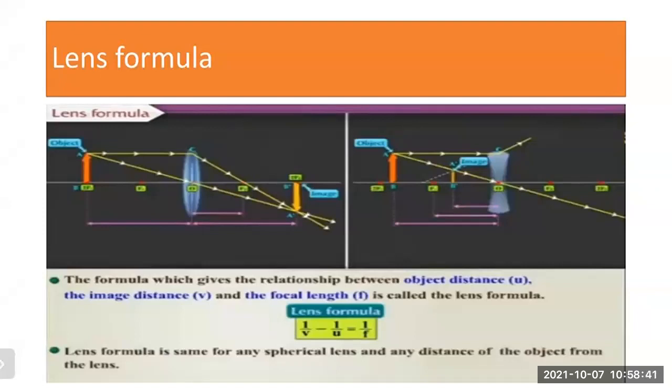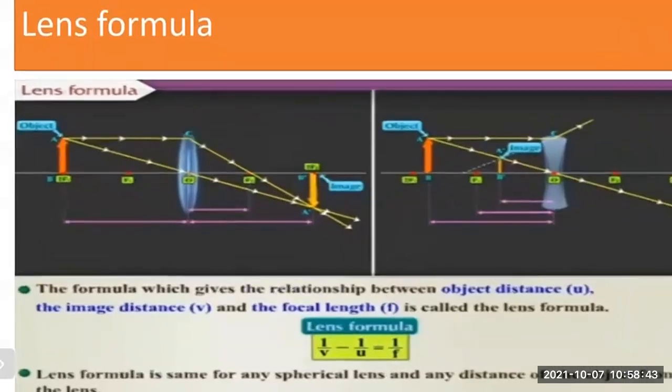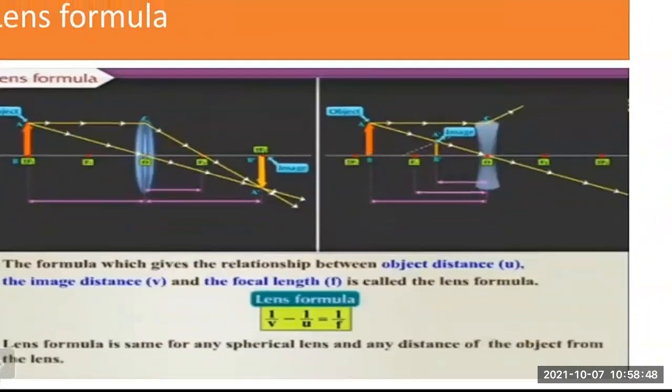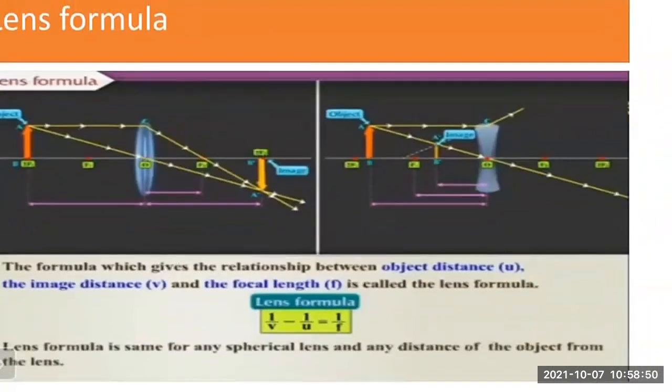The lens formula is 1/v minus 1/u equals 1/f. Once again, I am repeating the lens formula: 1/v minus 1/u equals 1/f.